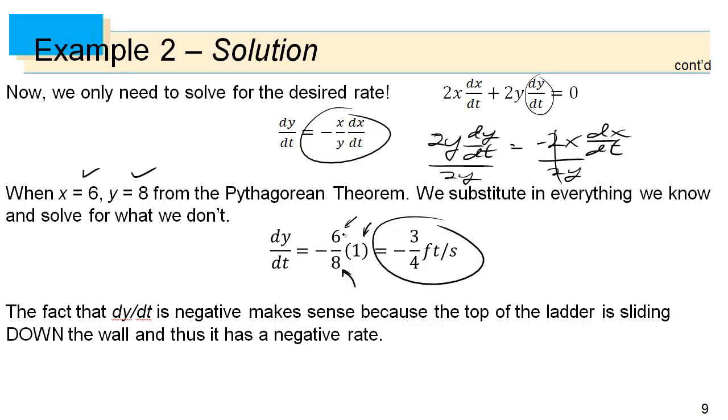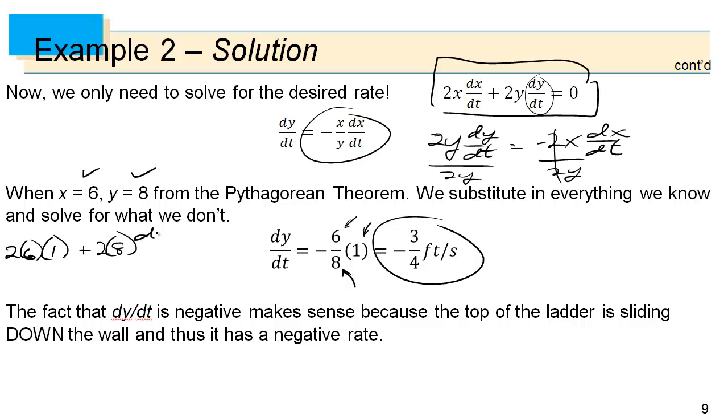Now, if you didn't do this algebra, you didn't solve it here, and you just used this formula there, you would have got the same thing. Plug in everything you know. You would have 2 times 6, because there's my 2x, and then dx/dt is 1, plus 2 times 8 times dy/dt equals 0. 12 plus 16 dy/dt equals 0. 16 dy/dt equals negative 12.